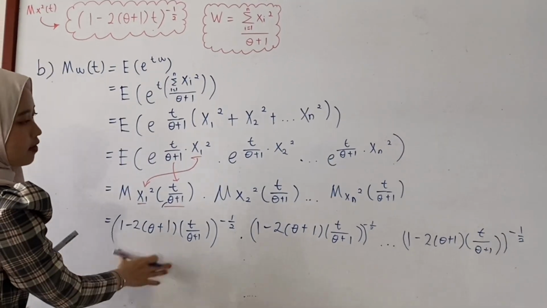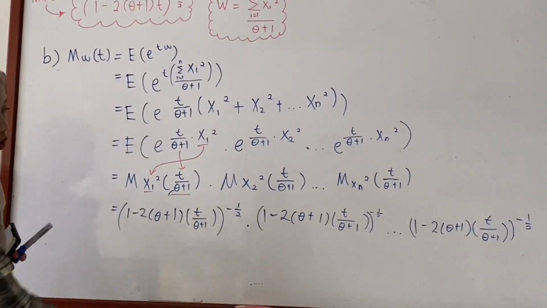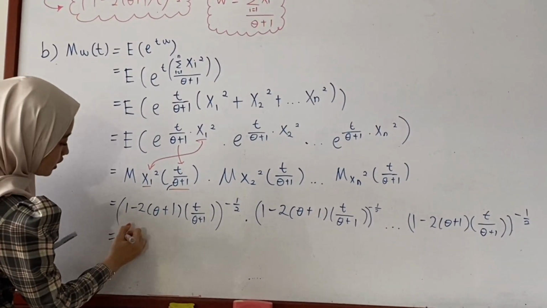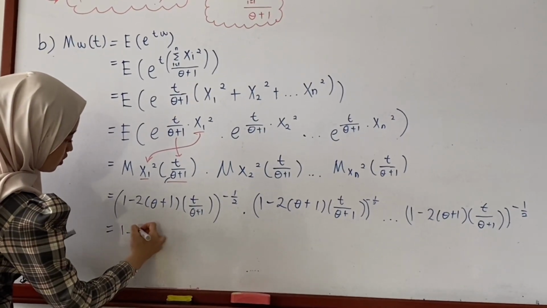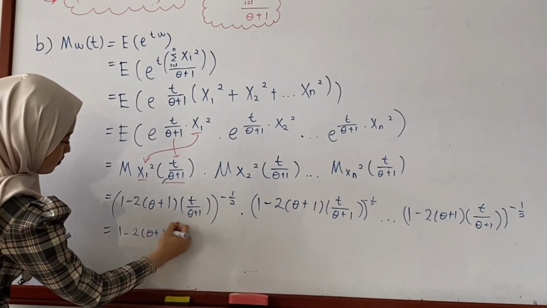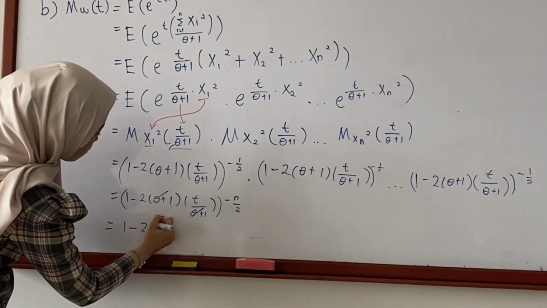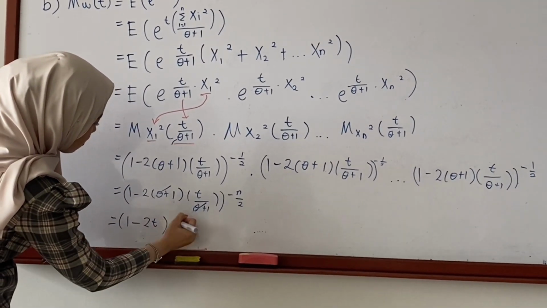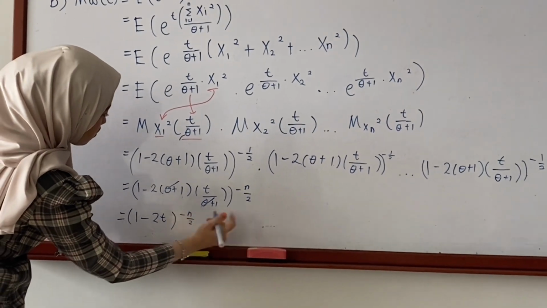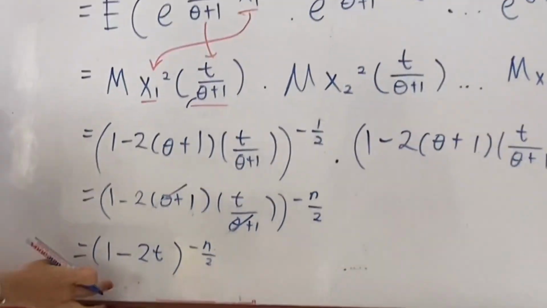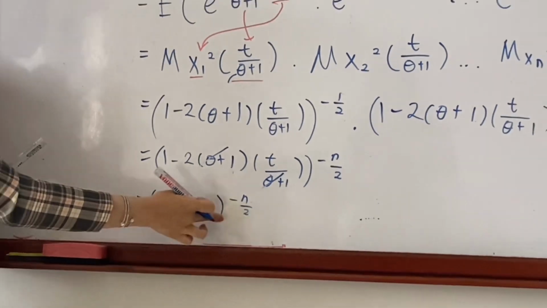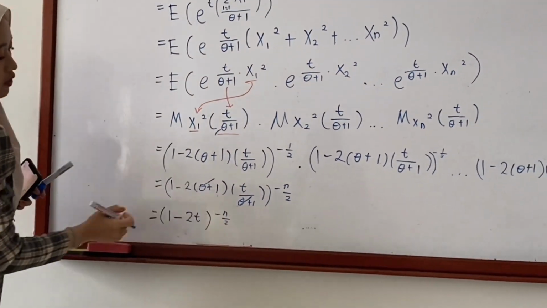So actually, from here, you also can simplify it and you will get 2. For the final answer, you will get 1 minus 2t to the power of negative n over 2.